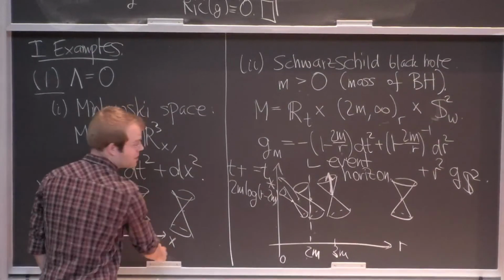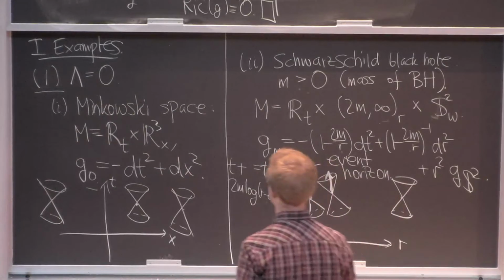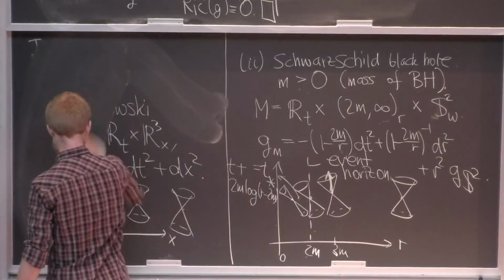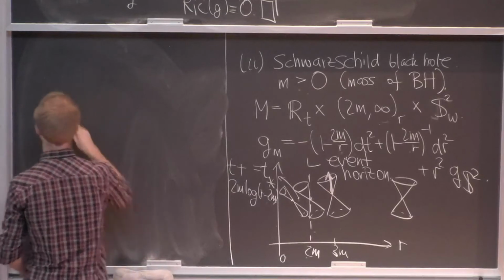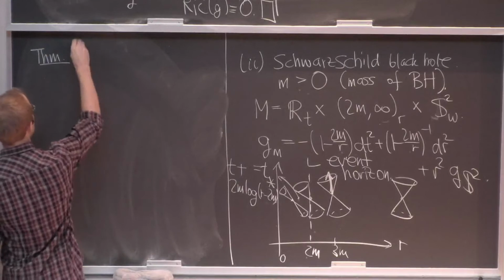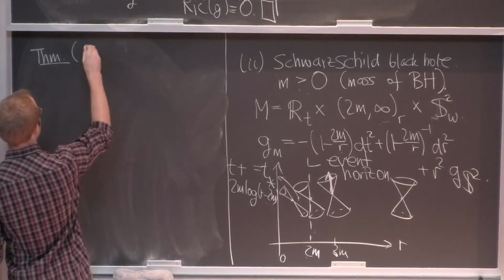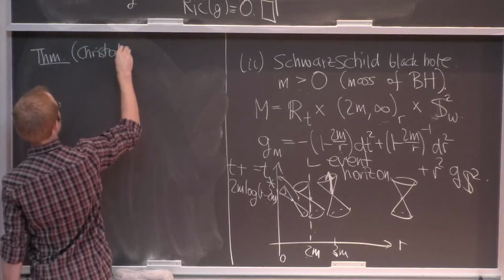So then under these assumptions, the theorem on the stability of Minkowski space says the following. So that's by now a pretty old theorem. In roughly this generality, it was proved by Christodoulou and Klainerman.